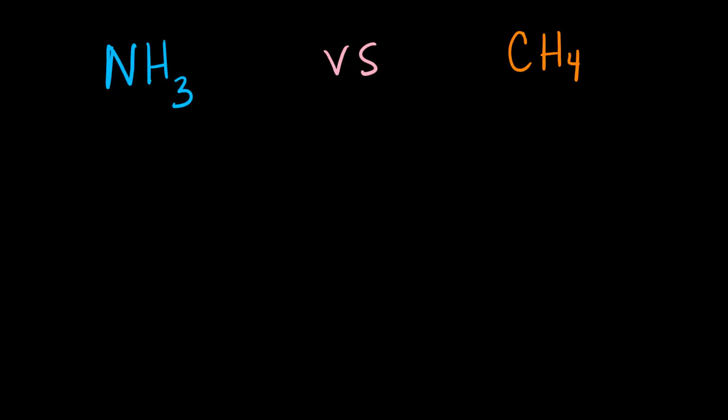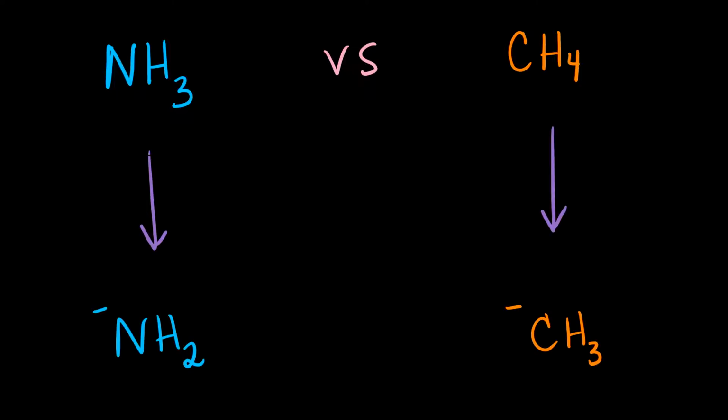Let's try another example. Let's compare NH3 versus CH4 and try to answer the question, which is more acidic and why? So again, we're going to start our assessment by looking at the conjugate base of each acid. The conjugate base of NH3 is NH2 minus. The conjugate base of CH4 is CH3 minus. So the fundamental difference this time is a nitrogen with a negative charge versus a carbon with a negative charge.